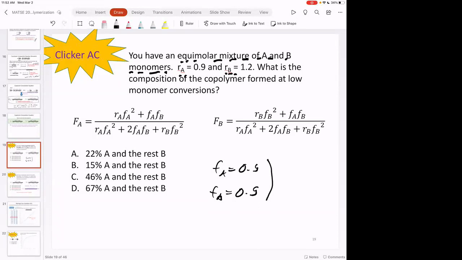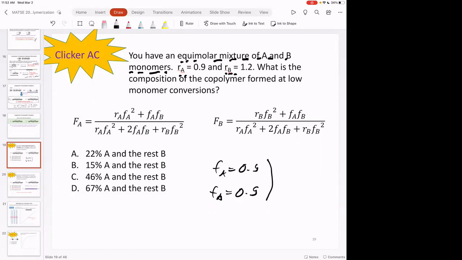You are not going to have access to Excel or your Python sheet during the exam. And so you will have to plug and chug this once or twice, but it's not going to be 10 questions on plug and chugging the copolymer equations. But you will have to interpret it. You'll have to be able to enter it accurately. Make sure you're able to do it both ways.